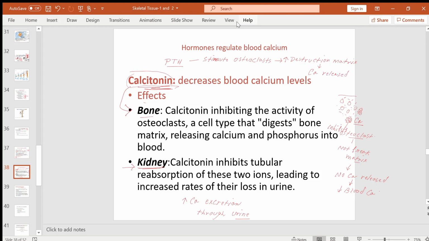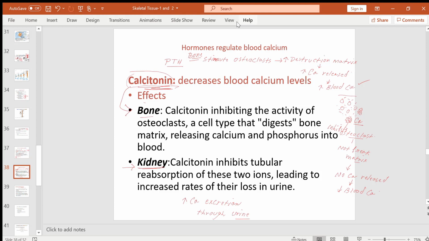Calcium release into the blood, and that will increase the blood calcium, just opposite of calcitonin. Okay, so on the bone, calcitonin will stimulate the osteoclasts. On the bones, the parathyroid hormone will stimulate the osteoclasts.